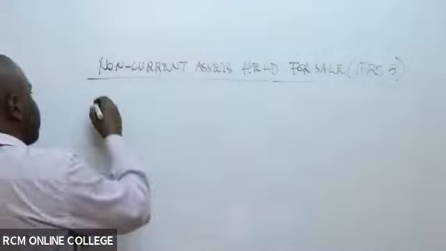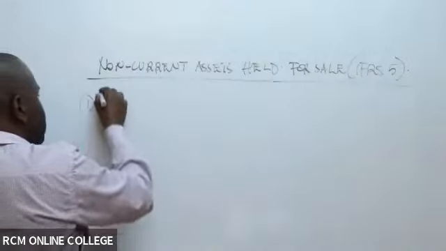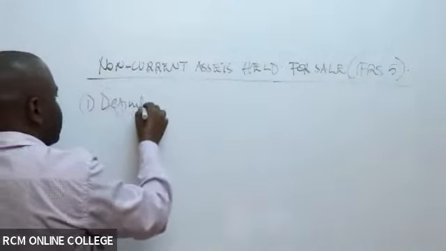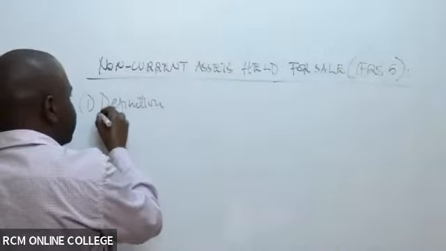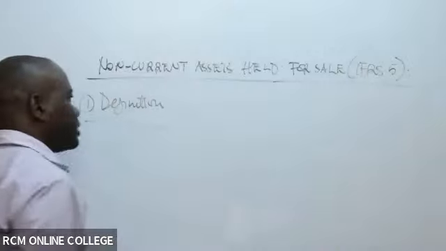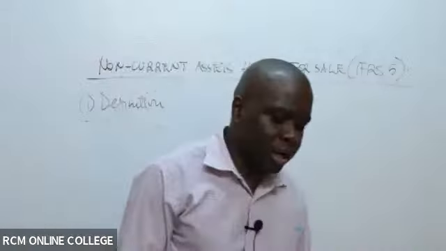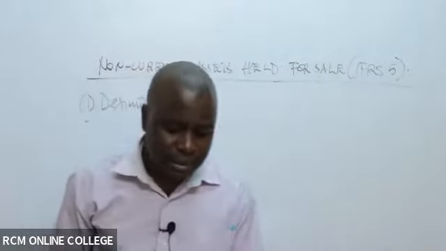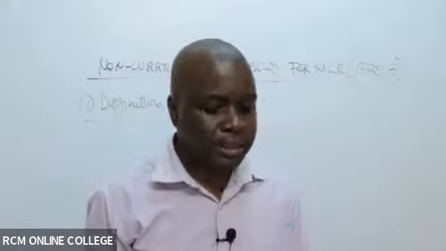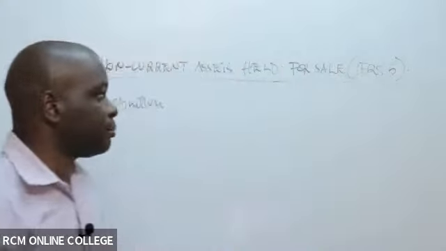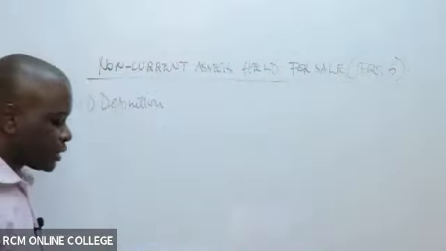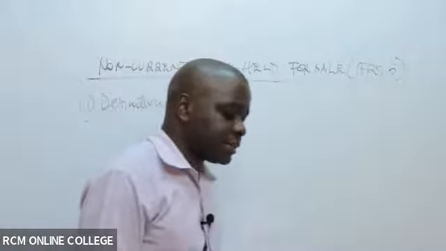So of course we can start by looking at number 1, the definition. What are these non-current assets held for sale? You can say these are assets which an entity plans to sell.